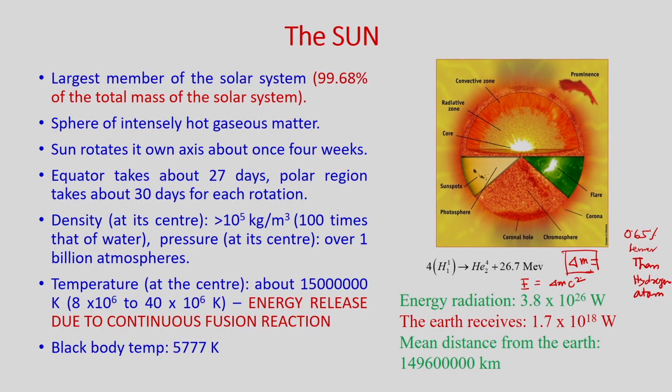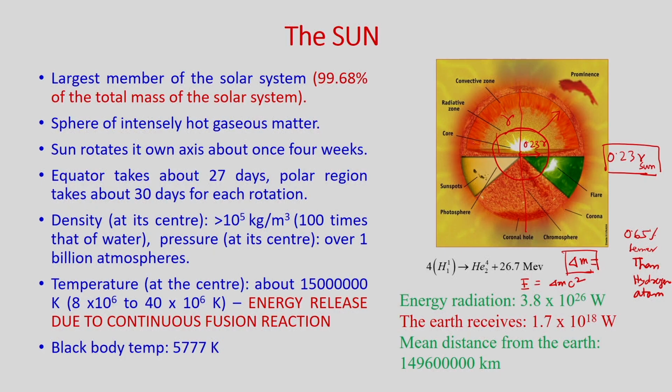It is found that within about 0.23 times the radius of the sun, that is, if we draw a line here and take 0.23 times the radius, then 90% of the energy is generated at this core, and this energy is then radiated to the outer surfaces.